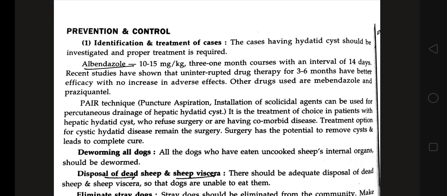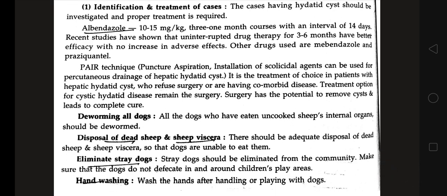There is one more technique, called the PAIR technique, where puncture, aspiration, injection, and reaspiration of scolicidal agents can be used for percutaneous drainage of hepatic hydatid cysts. You puncture, aspirate whatever the content is, and then inject the scolicidal agents. It's the treatment of choice in patients with hepatic hydatid cysts who refuse surgery or have comorbid disease, that is, associated disease.